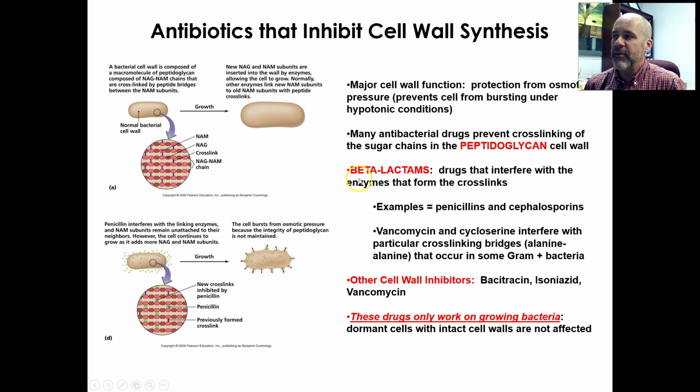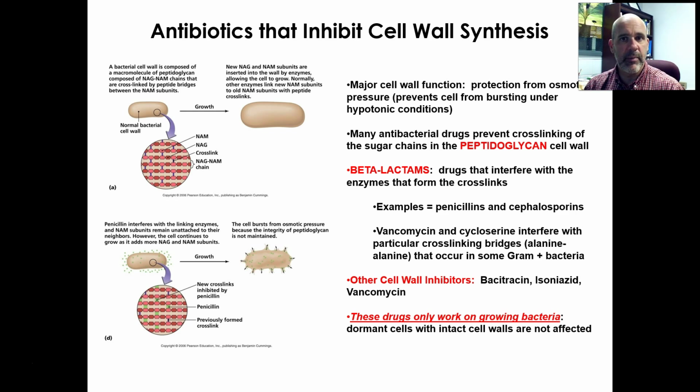All right, so drugs that interfere with cell wall synthesis in bacteria, most of them fall into a category called the beta-lactams. That's a class or a category of lots of antibacterial drugs, and they work like this. There are enzymes that build those cross-links, and these drugs inhibit those enzymes.